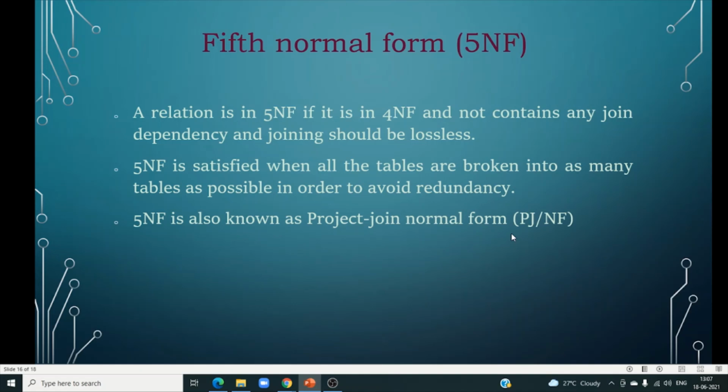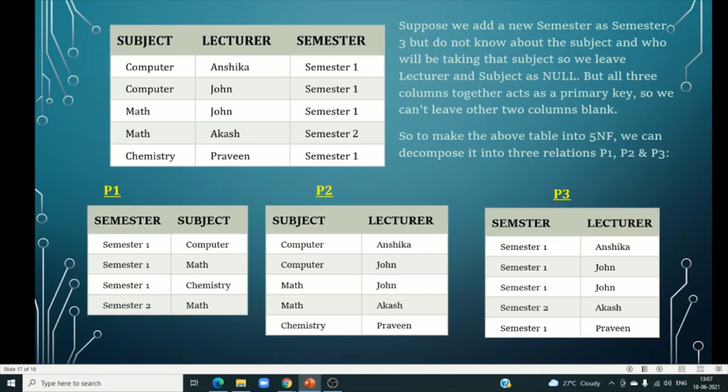This is an advanced normal form and up to now it is not defined well. But I am taking one example, a table which consists of subject, lecturer and semester as the three columns. Subject is computer, and this subject is lectured by Anshika for semester 1.